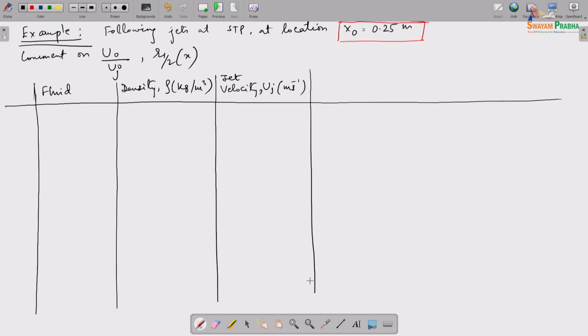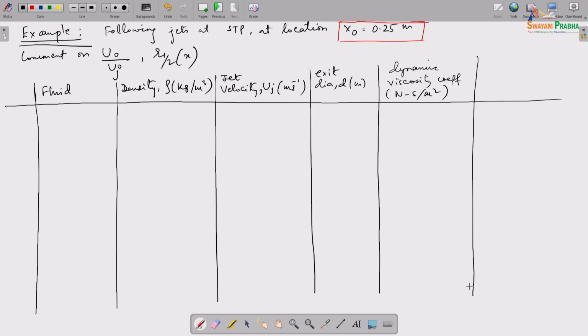Then we have exit diameter d in meters, and the dynamic viscosity coefficient, in Newton second per meter square.